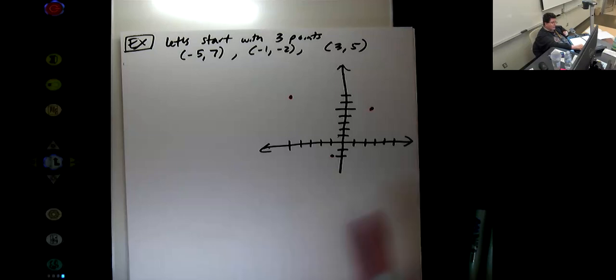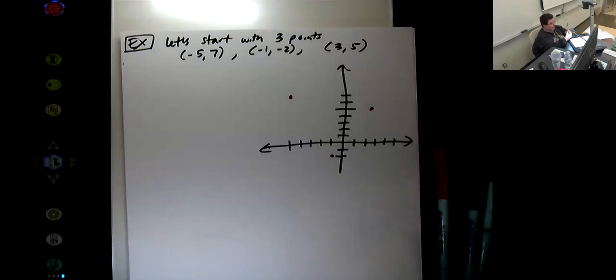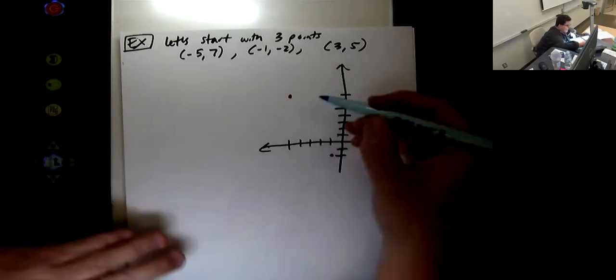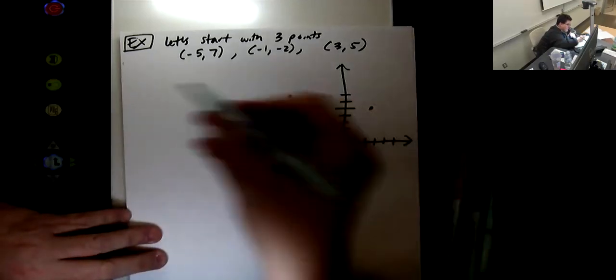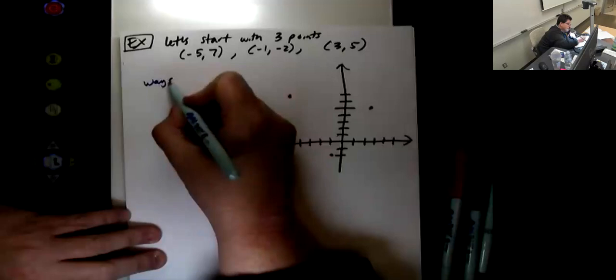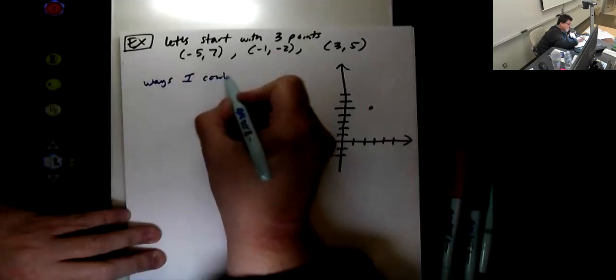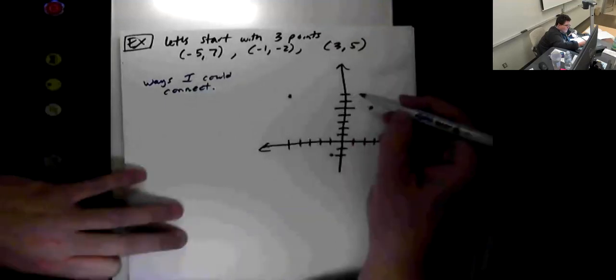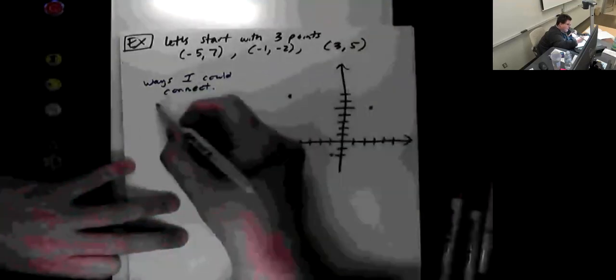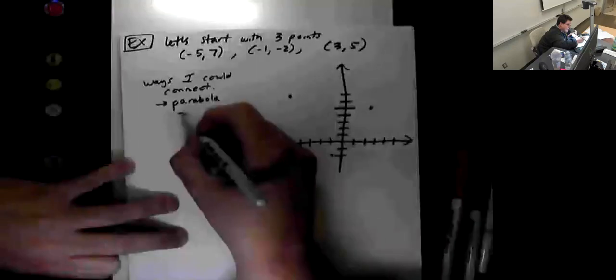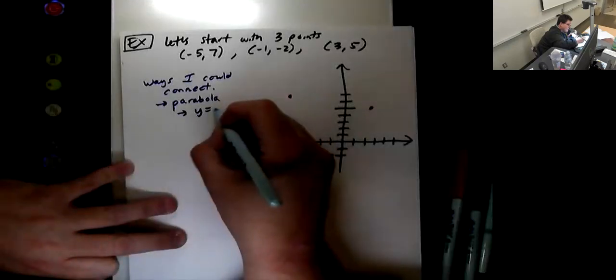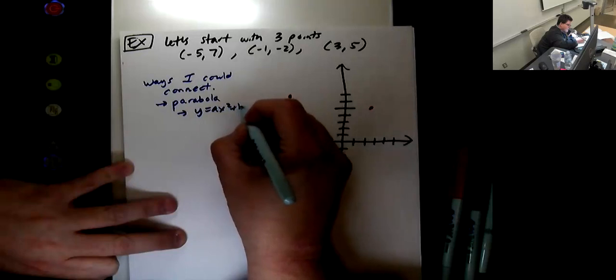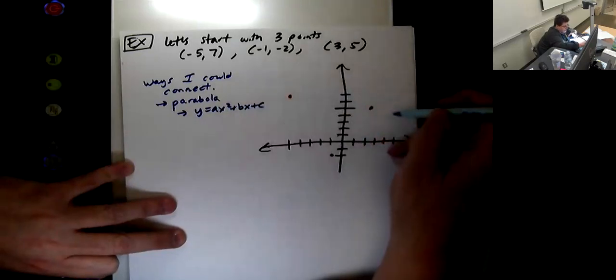There's some sort of parabola. These don't go on a straight line, right? So if I wanted to connect them, likely the model would be a parabola, which is in the form y equals ax squared plus bx plus c.